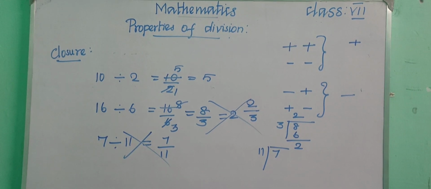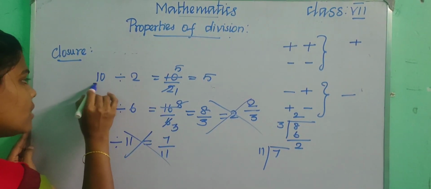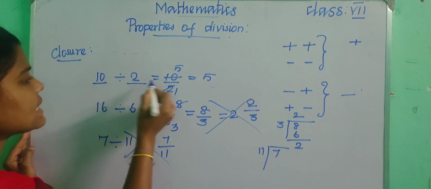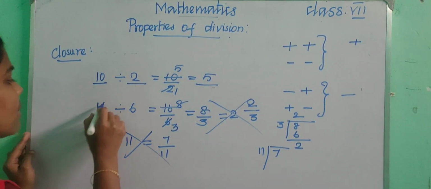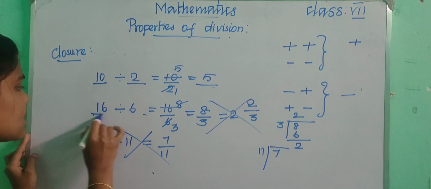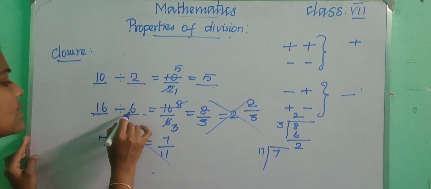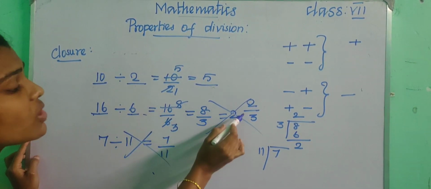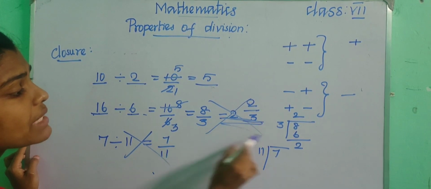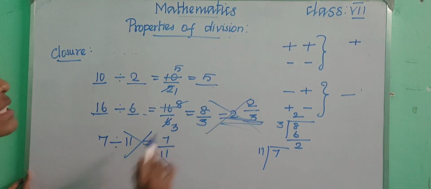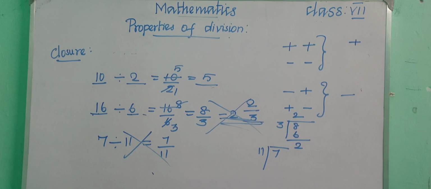Okay children, so we can say the division of integers may or may not be closed. Maybe it can be closed. Here it is an integer divided by integer and also we got an integer. But in the case of 16 divided by 6, it is an integer and 6 is also an integer, but we got a mixed fraction, or else a rational number. So we can say the division of integers may or may not be closed.